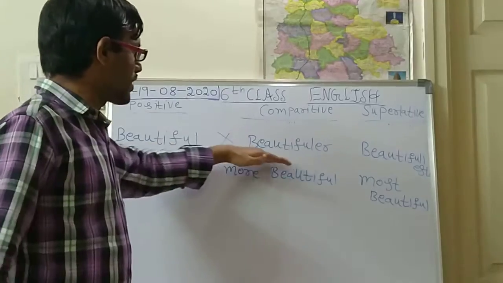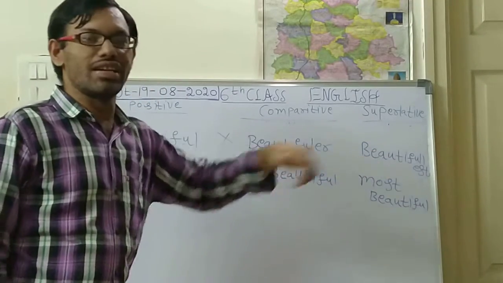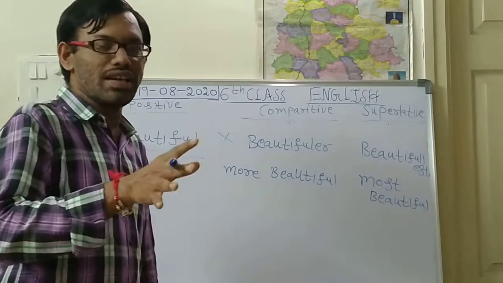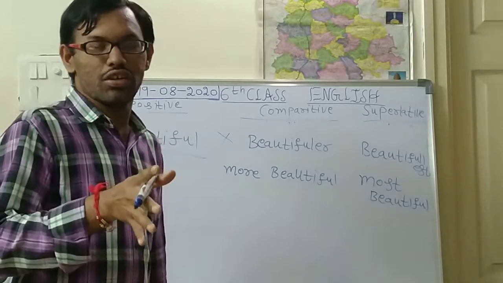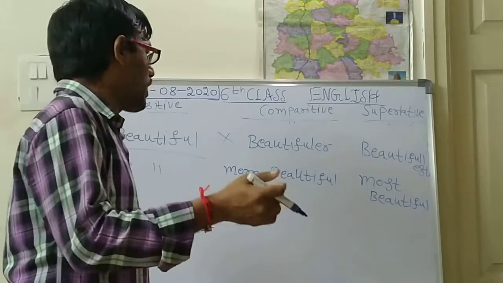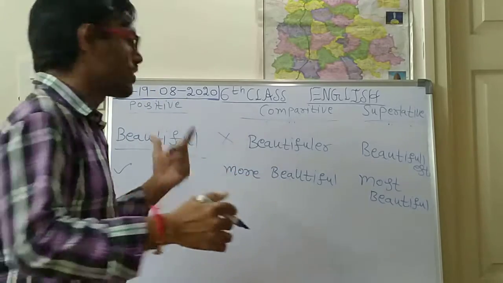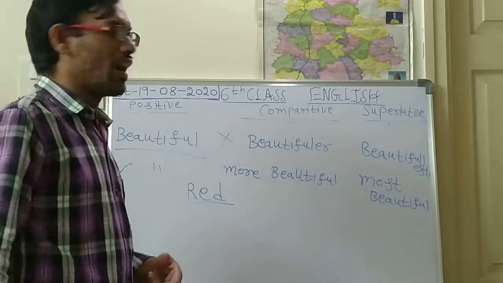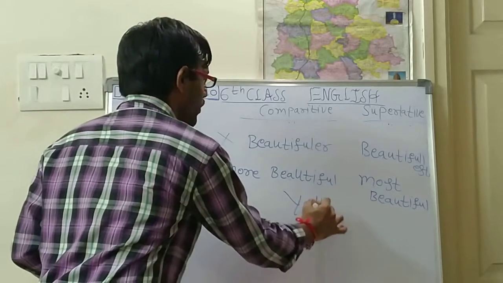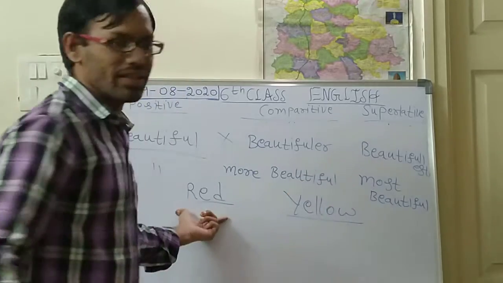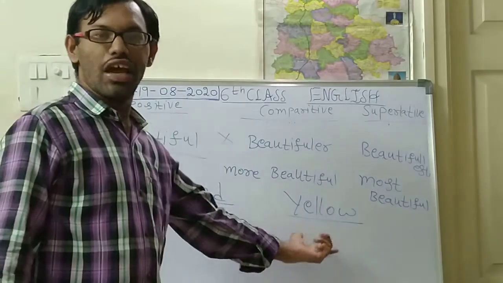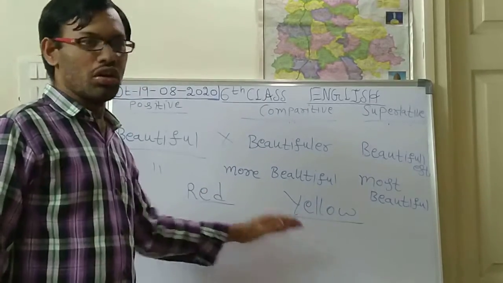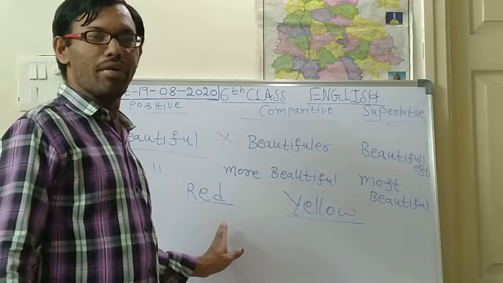First, we shall go with these sentences. Suppose there are two shirts and you are comparing them in a shop. One shirt is red and another is yellow.